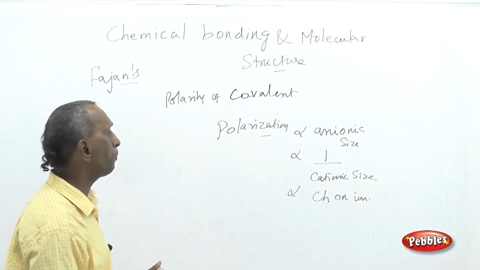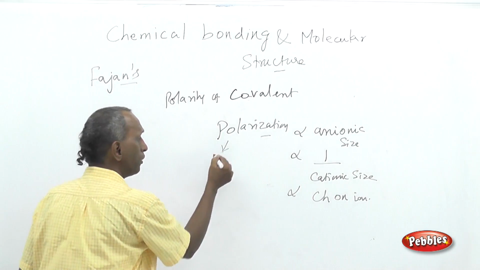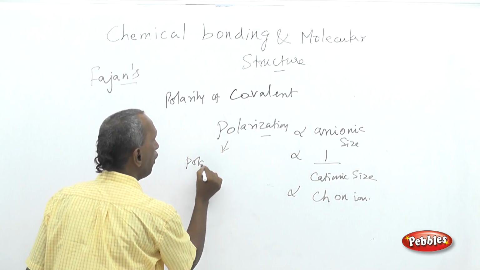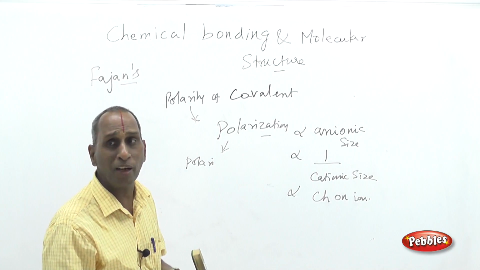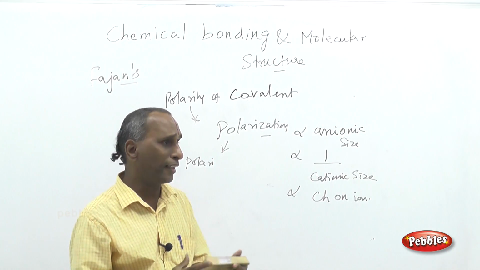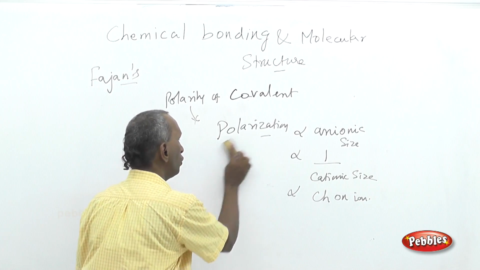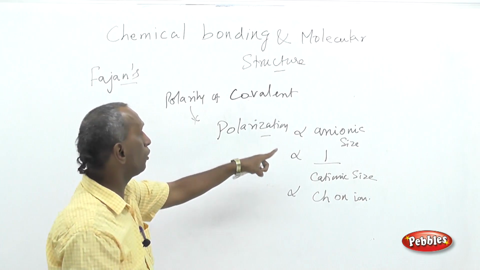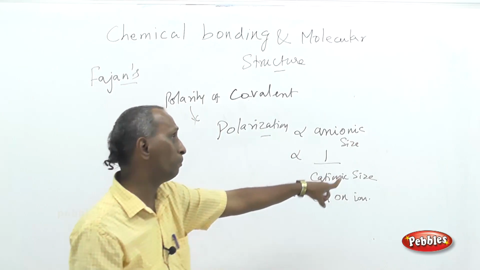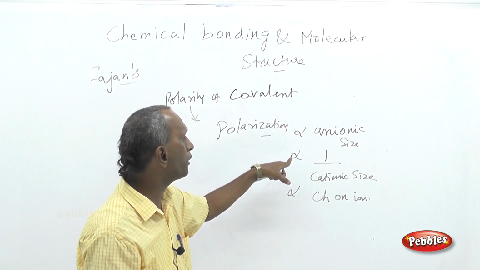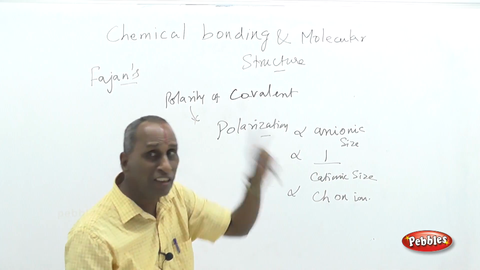So polarization here, what do we mean? Polarization is the polarity of a covalent bond. Polarity of a covalent bond is called polarization. It is the capacity to attract the central electron pair towards a particular atom. So polarization power is more if the anionic size is more. Polarization power is more if the cationic size is less.